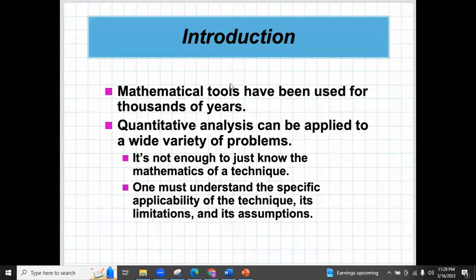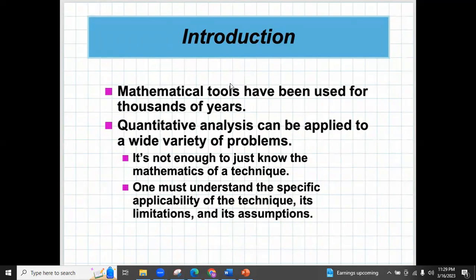If we can put the real situation into some sort of numerical model, it's a good thing. It's not just enough, as it says here, to know the mathematical techniques, but you have to have some subject matter expertise of what you're trying to do and make some judgment that what you've modeled mathematically represents reality in a way that you can actually use it.